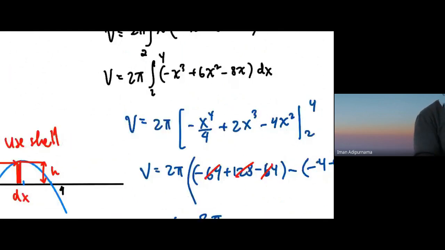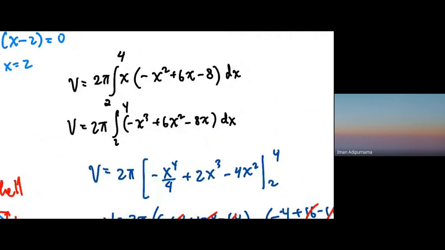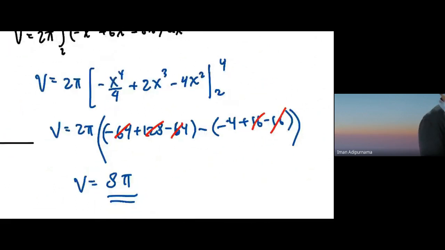This is the idea, with a little bit of calculation here and there. You also need to find the endpoints through the intersection, so find the roots of the curve, and then plug in all the numbers.